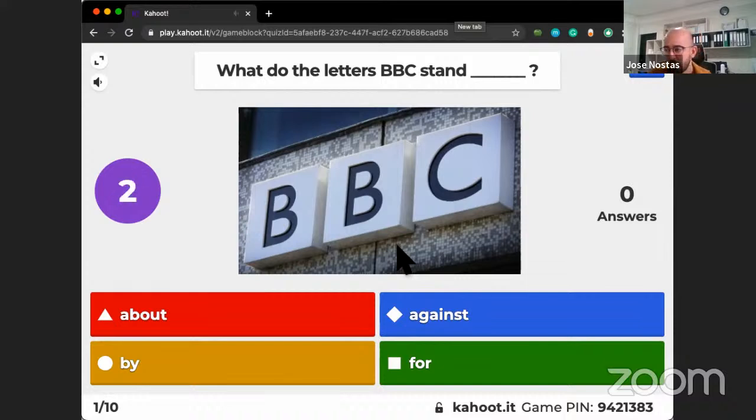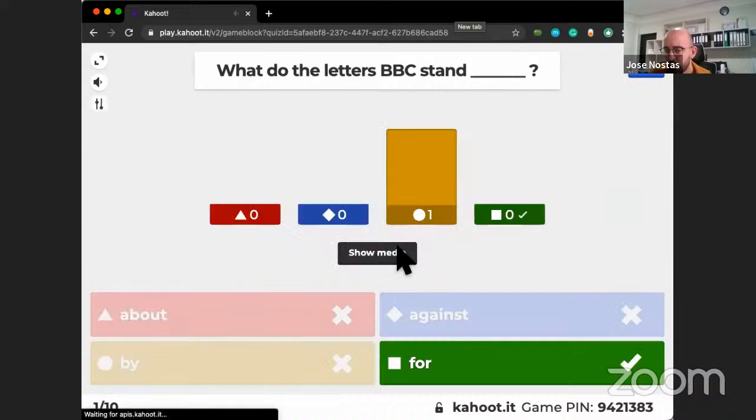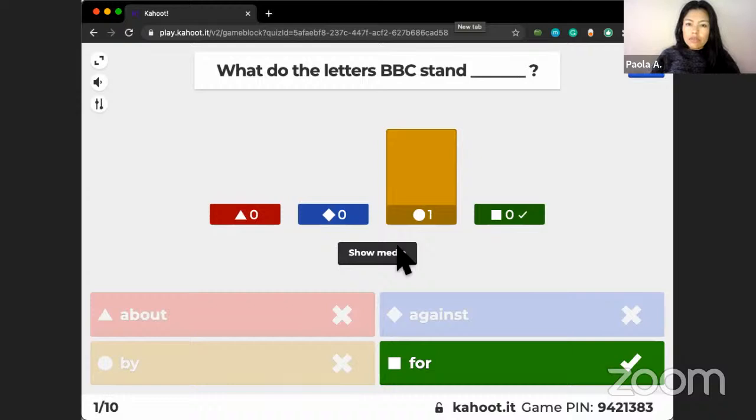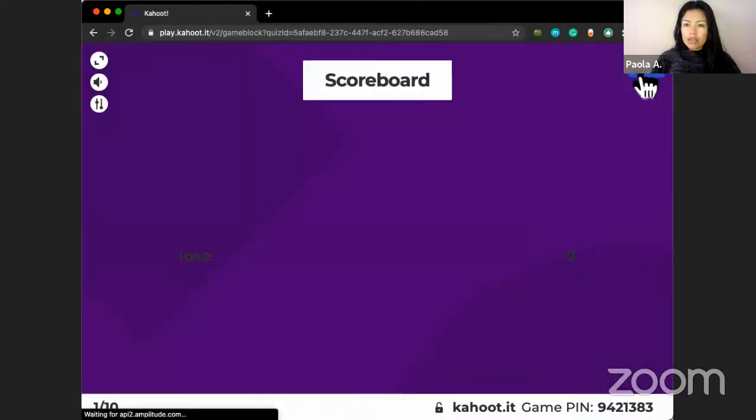Stand above, stand by, stand for. Stand for is like what do they mean? What it means, each of the letters. Stand for is usually related with the meaning of something.